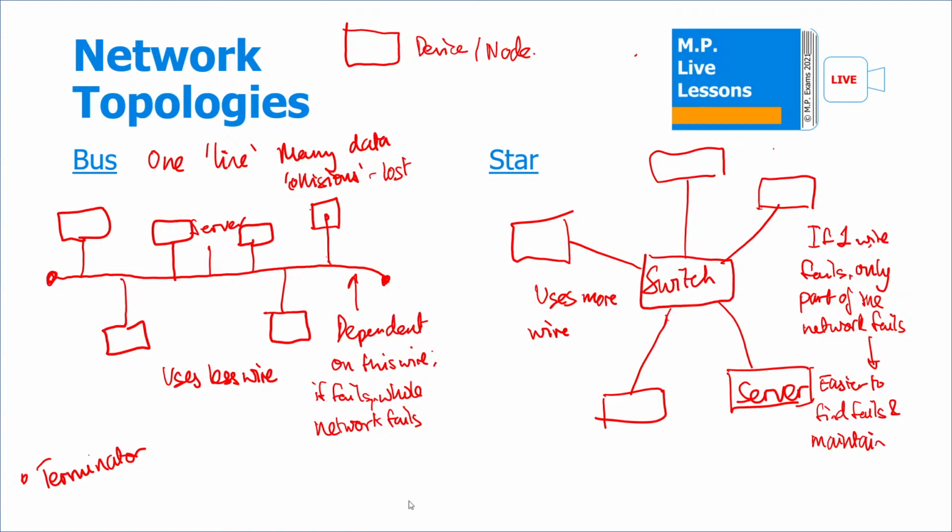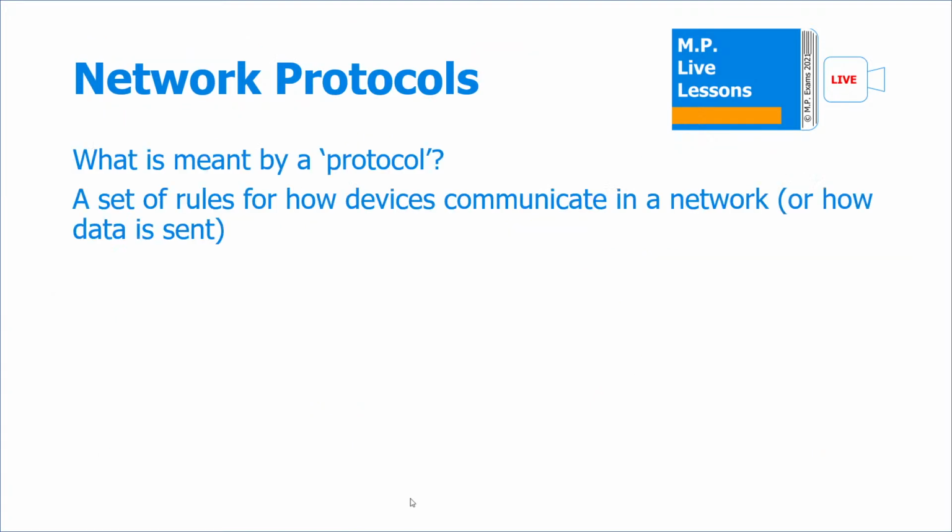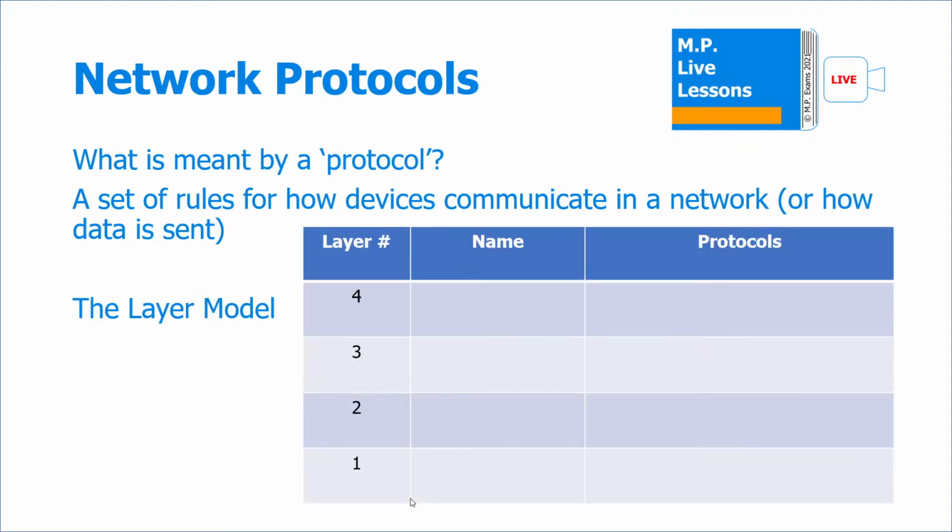Now next you'll need to know about protocols. Now what's meant by a protocol? These are a set of rules for how devices communicate in a network. That could even be over the whole internet. Now we have the layer model represented by a table. Layer 4 at the top has the application layer. Next, layer 3 has the transport layer.